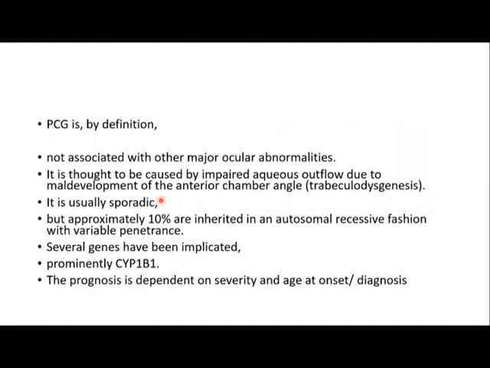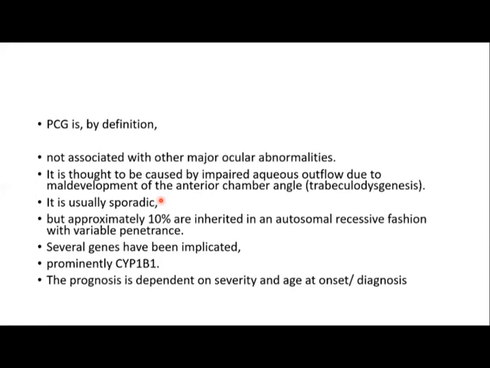Primary congenital glaucoma by definition is not associated with other major ocular anomalies. It is thought to be caused by impaired aqueous outflow due to maldevelopment of the anterior chamber angle, that is trabeculodysgenesis. It is usually sporadic, but 10% are inherited in an autosomal recessive fashion with variable penetrance. Several genes have been implicated. The most important gene is the CYP1B1 gene.